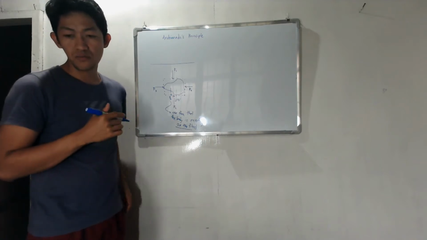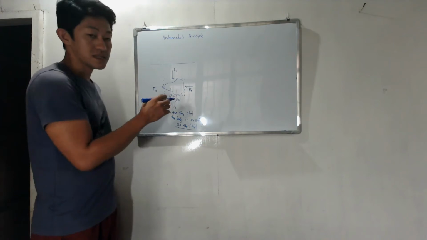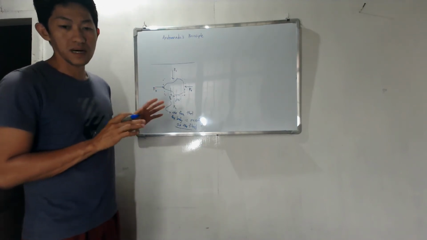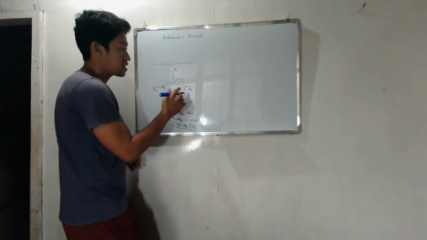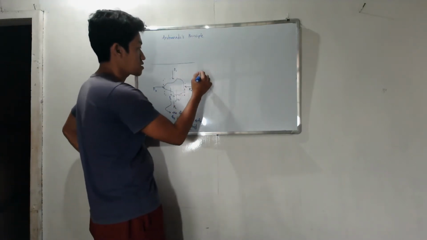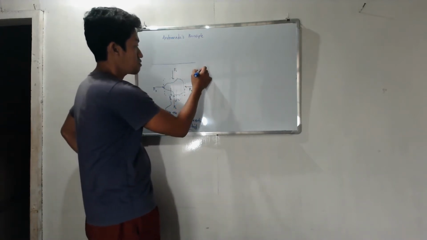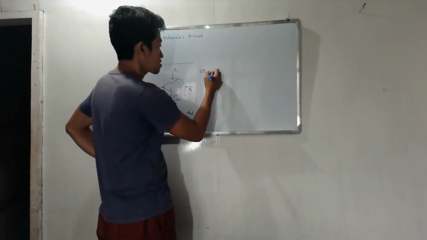Okay, if we get the summation of the forces, say for example the body is at rest, steady in the flow of water, the summation of forces along the vertical direction is equal to 0.